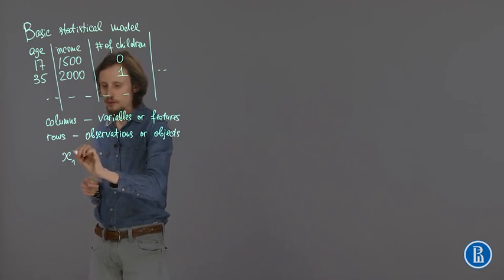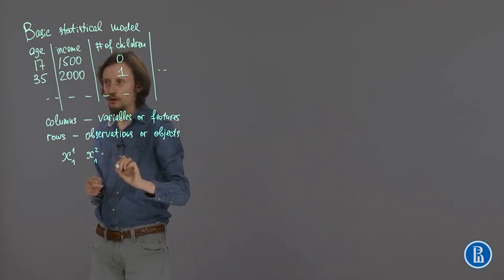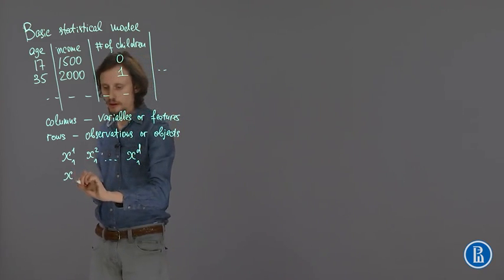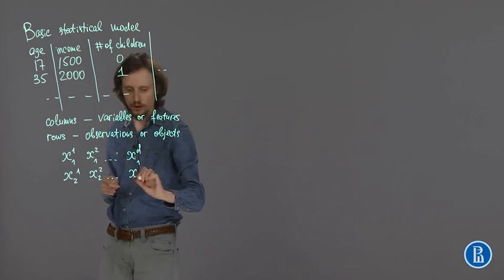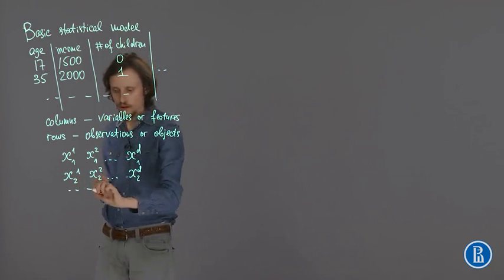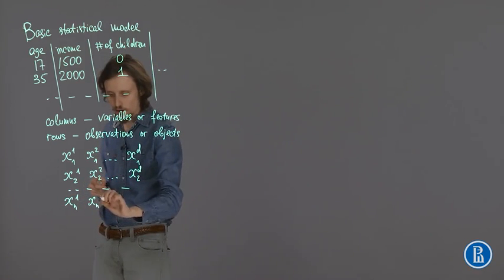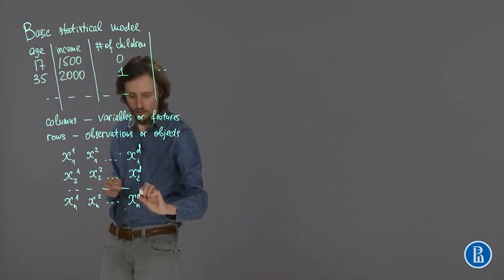For example, x11, x12, and so on, x1d, this is x21, this is x22, and so on, x2d, and so on, xn1, xn2, xnd.